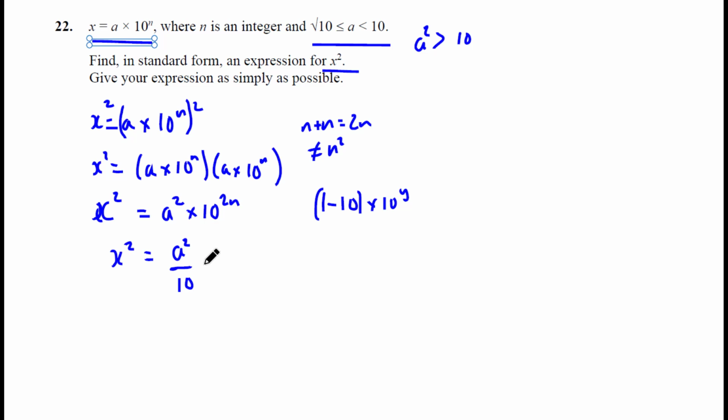Now when we divide by 10, we've got to keep this the same, and that's the same as if we're dividing this one by 10, so we need to times this one by 10 to keep it the same. And if we times this by 10, that's like 10 to the 1, so we're adding the powers, so that becomes 10 to the 2n plus 1.